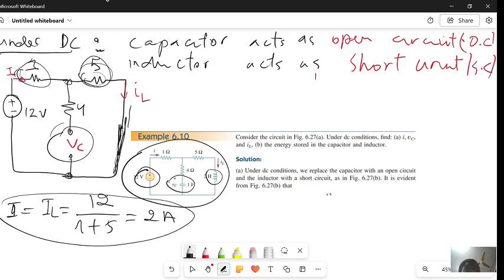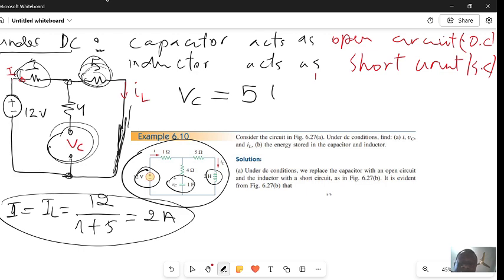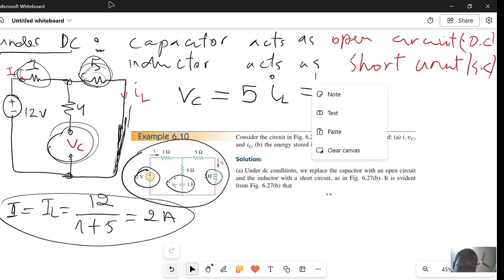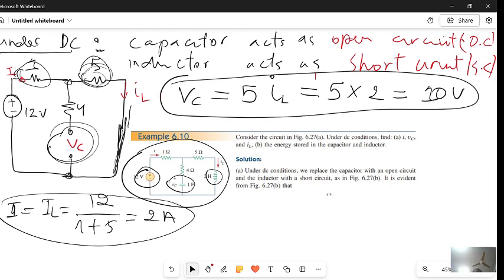VC is the same as the voltage across this resistor, because of the parallel connection. By Ohm's law, that is 5I, 5 multiplied by 2, which is 10 volt. So I determined the value of VC.